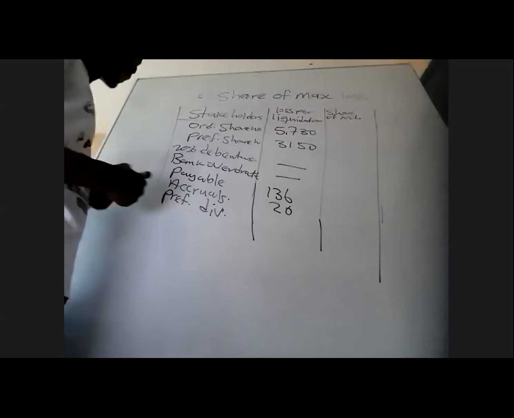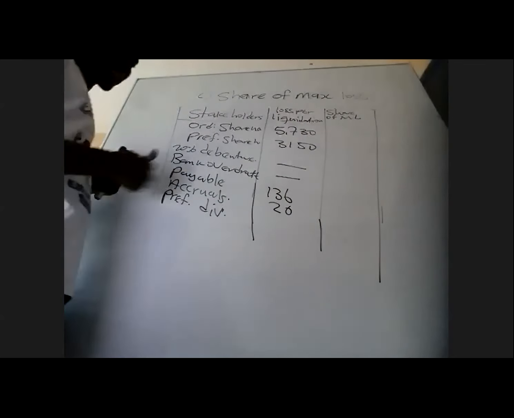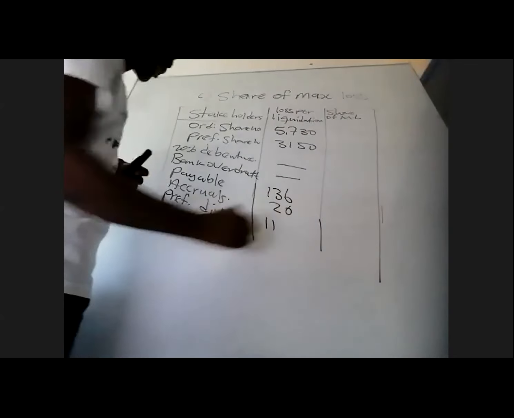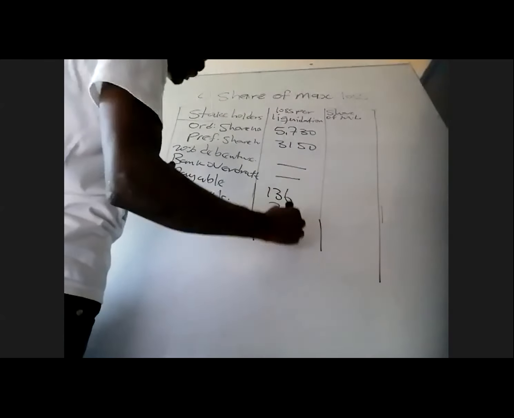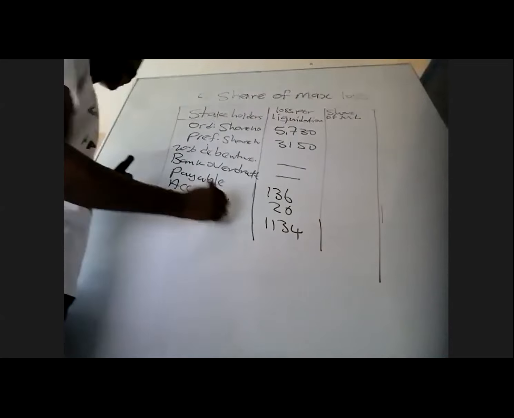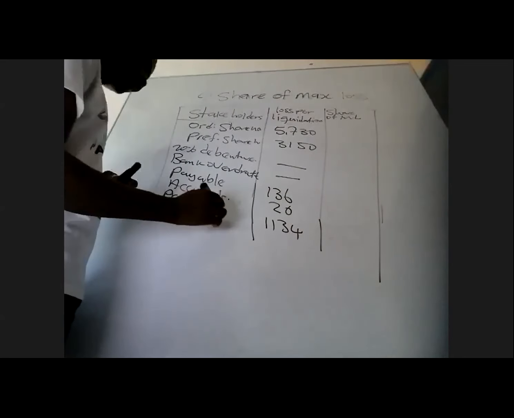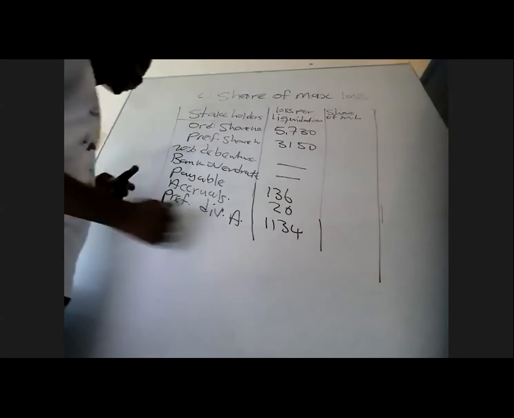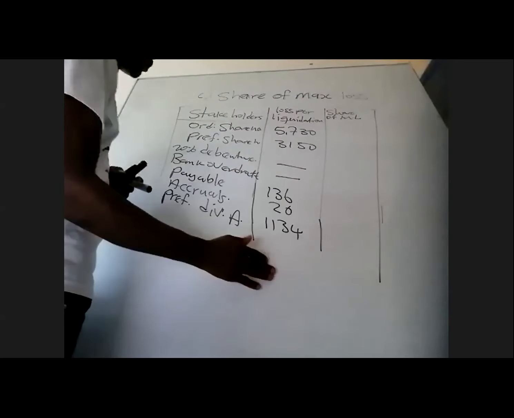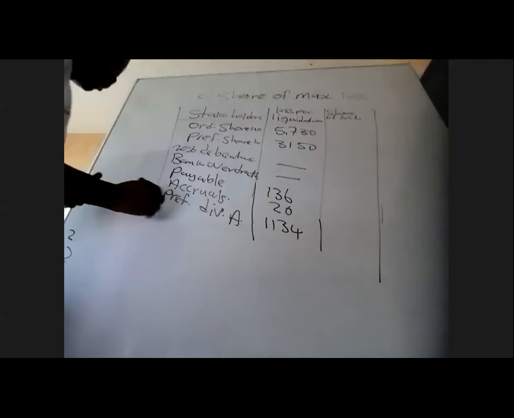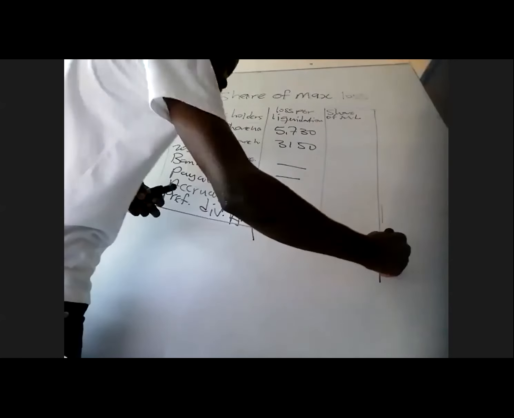And what's the preference dividend? The preference dividend that we calculated, we had 1,134. The preference dividend in arrears. So this is the loss. Please make sure that you get how you got these values. That's all. Then what will be the total loss?